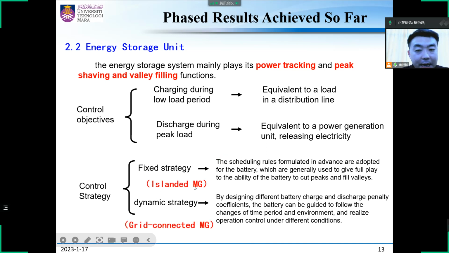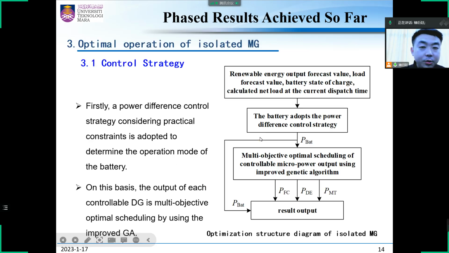Like the isolated microgrid uses the fixed SOC and the grid-connected microgrid uses the dynamic SOC. Also, in the first layer we use the power difference control strategy. A power difference control strategy considering practical constraints is adopted to determine the operation mode of the battery.